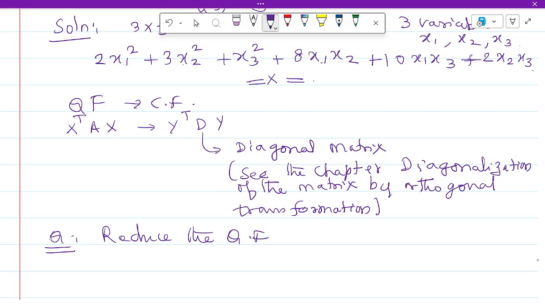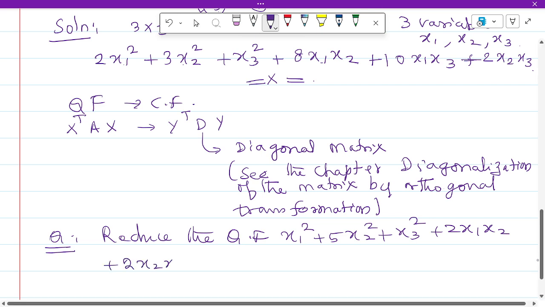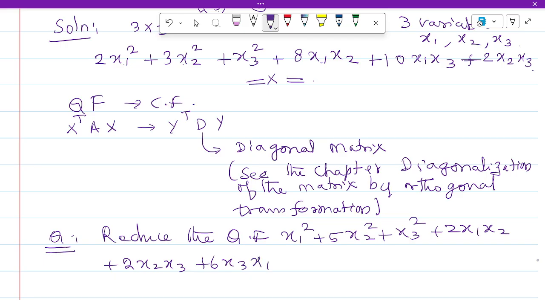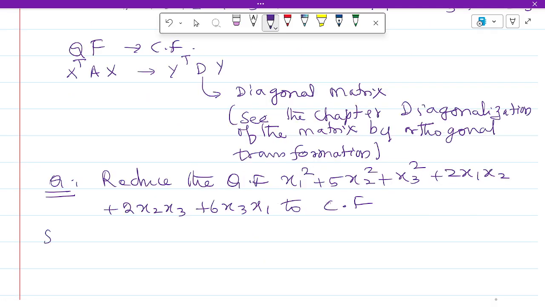Reduce the quadratic form x1 square plus 5x2 square plus x3 square plus 2x1x2 plus 2x2x3 plus 6x3x1 to the canonical form. Okay, now write the solution here.